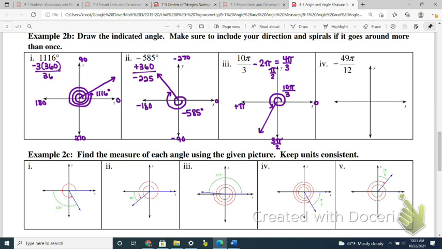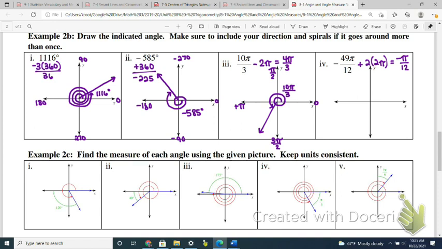And finally, the last one in this section is negative 49 pi over 12. I need to add 2 of the 2 pi's to get it between 0 and 2 pi. So that gets me a negative pi over 12.